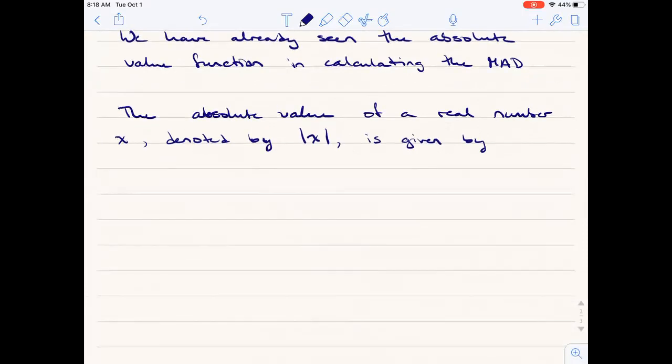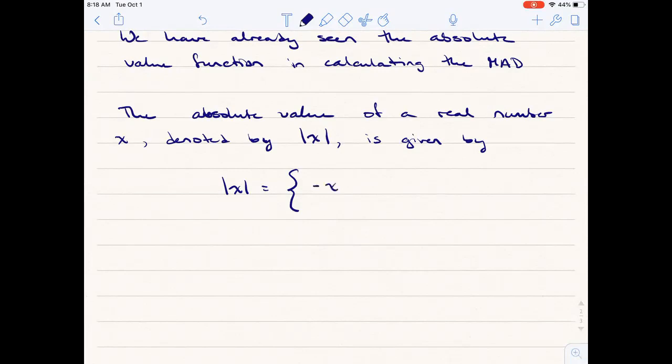a piecewise function. The absolute value of x has 2 pieces. Have we seen piecewise functions before? Last class? Okay, good.